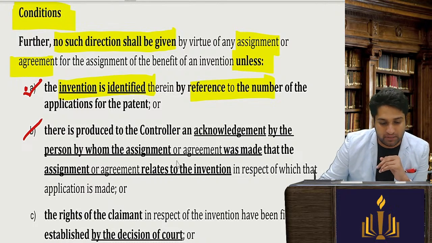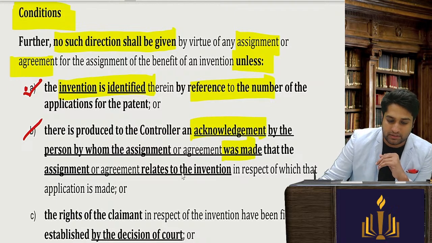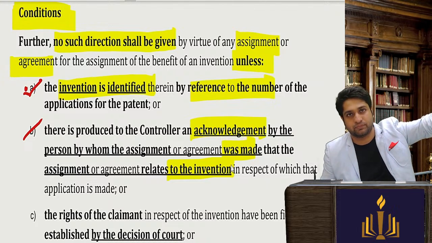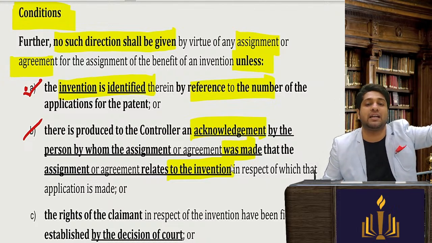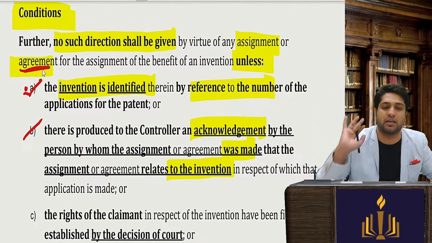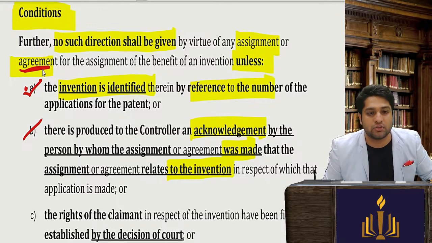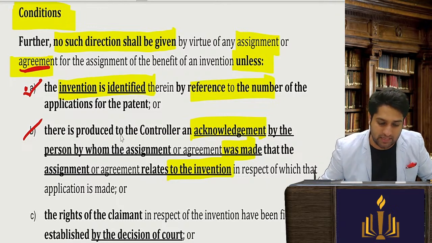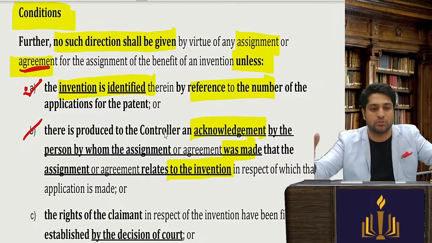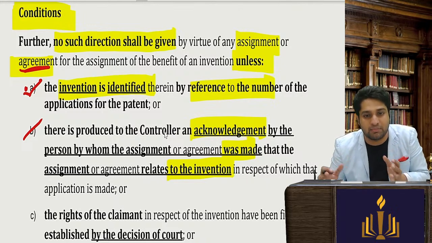Second, it should be made with the consent or an acknowledgement that it relates to the invention. The original applicant should say that, listen, there is an agreement. He has to acknowledge that agreement. So consent of everyone is coming, right? What is produced to the controller is an acknowledgement by the person by whom the assignment or agreement was made.